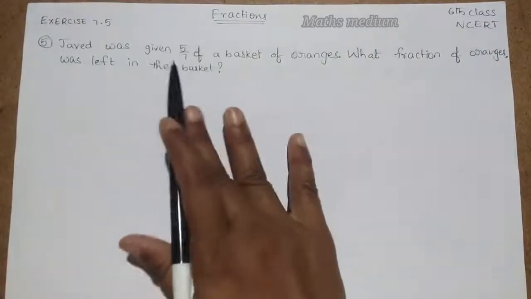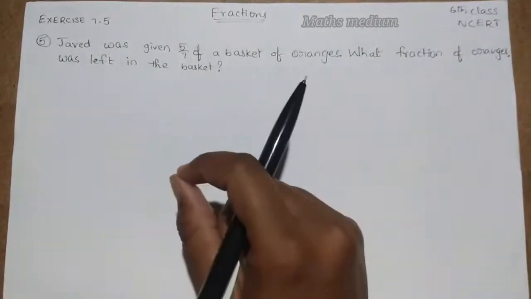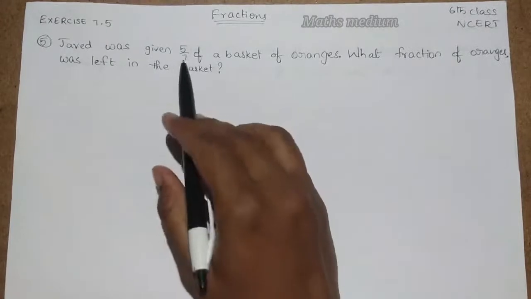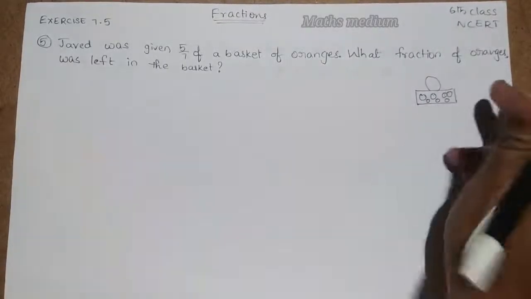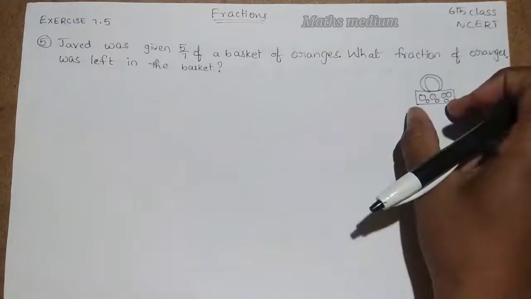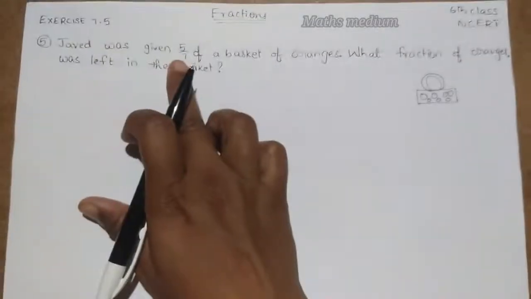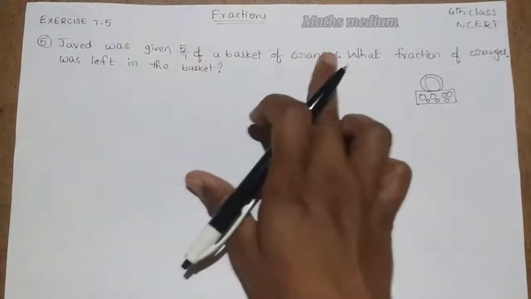In this question, we have to analyze some of the steps. A basket has oranges, right? These are the oranges in a basket. Javed gave 5 by 7 of the basket of oranges.